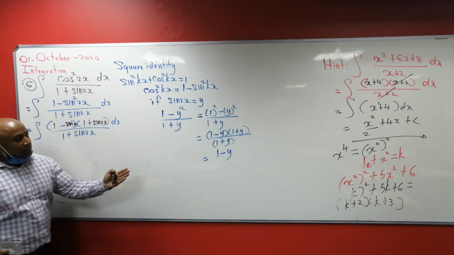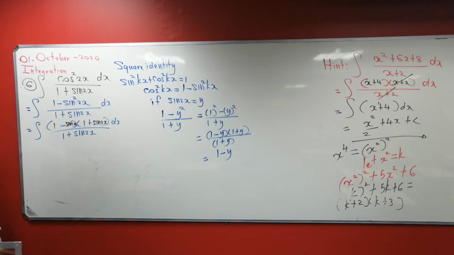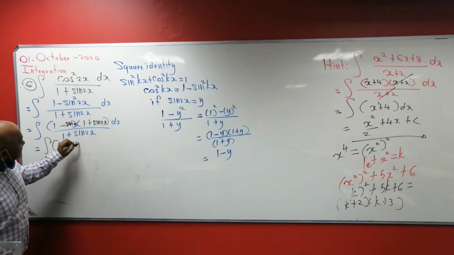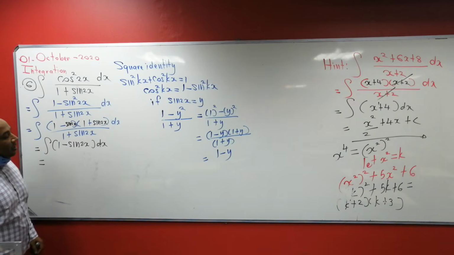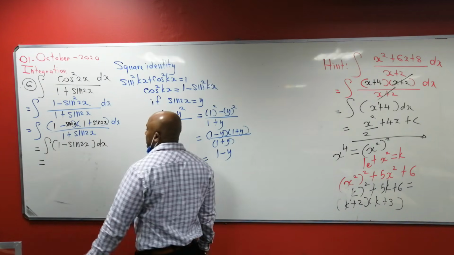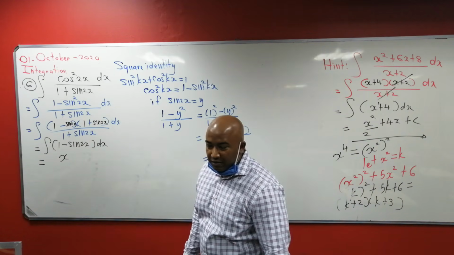What happens? We are at this stage here. You can see that. So then 1 plus sine 2x and 1 plus sine 2x will cancel. You end up with just 1 minus sine 2x. And now we integrate. Integrate 1, what do you get? X. Integrate sine, what do you get?